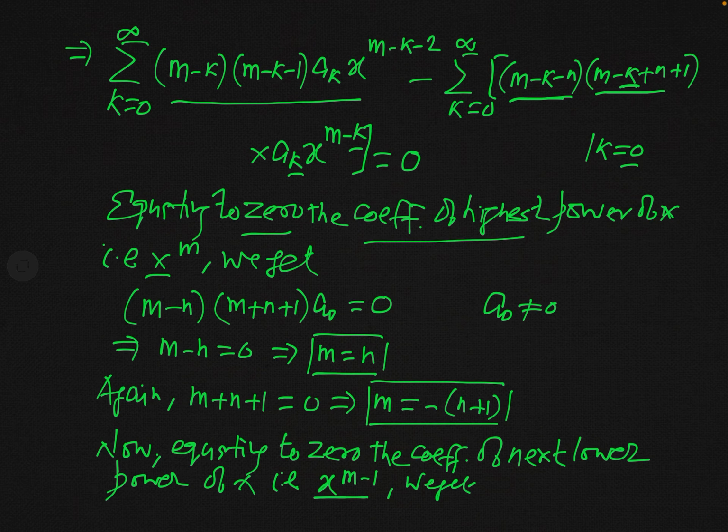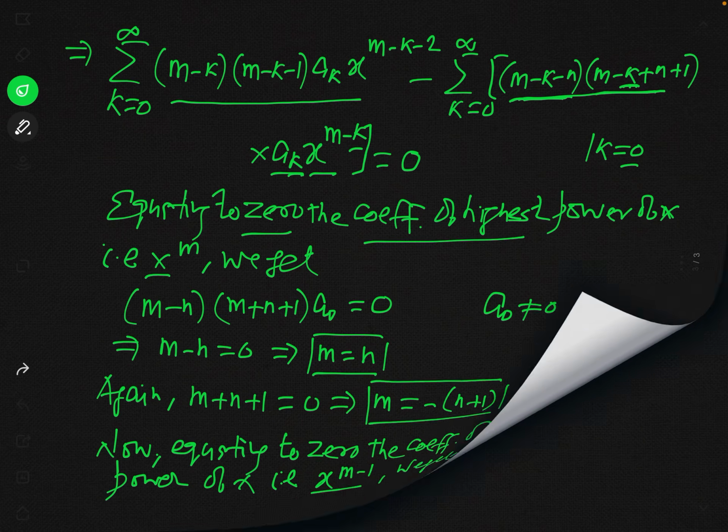But in the second series, when we take k equal to 1, there will be x to the power m minus 1, and its coefficient will be m minus n minus 1, and here m minus 1 plus n plus 1. So this 1 and this 1 will cancel out, and there will be simply m plus n into m minus n minus 1. And here we will write a1 and x to the power m minus 1.